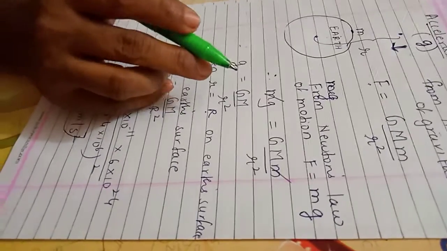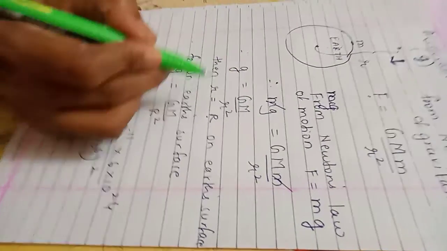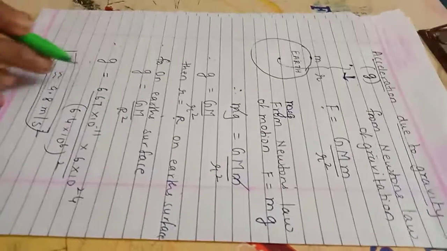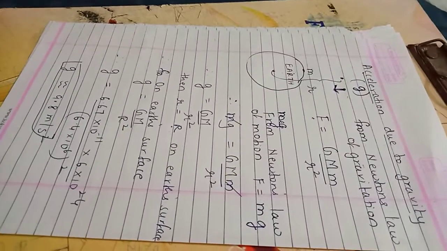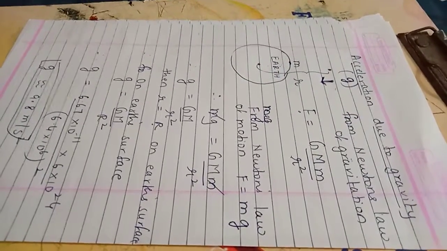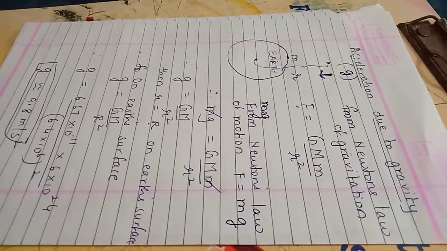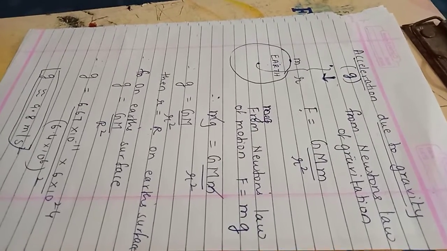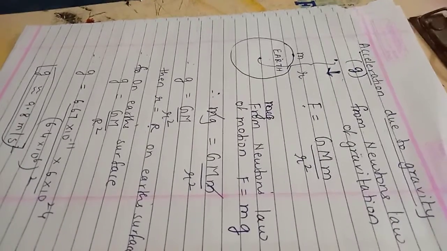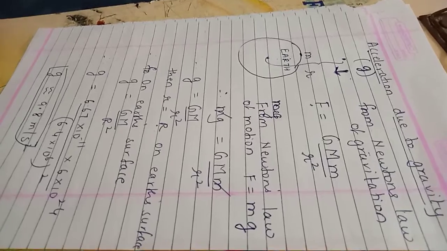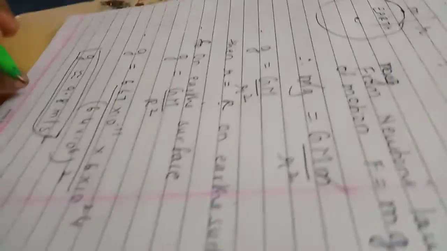Now on the earth, if the body is on the earth's surface, small r is equal to capital R. Substitute and that ends the job. Is it okay? g is equal to 9.8 meters per second square. Is it fine? In the textbook it is given as 9.77, but whenever we consider the earth's surface, when the body is lying on the earth's surface, it's always considered as 9.8 meters per second square.